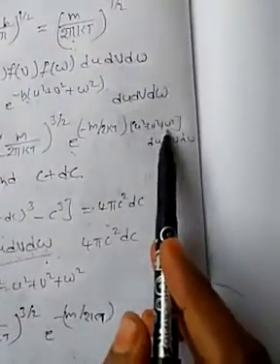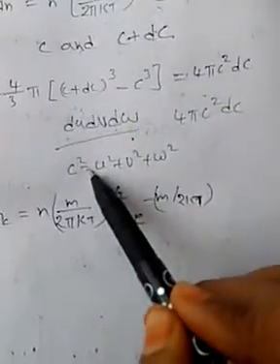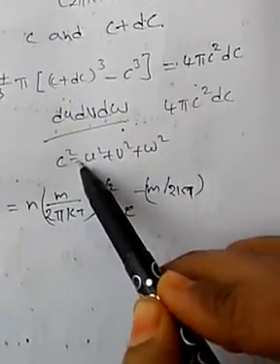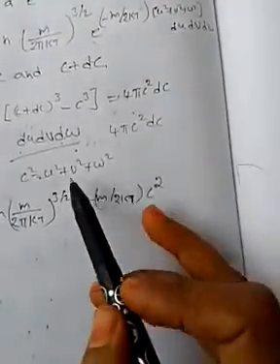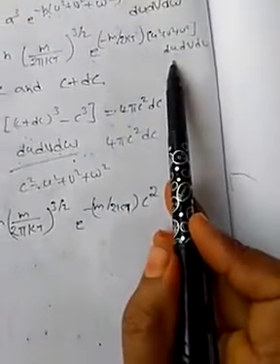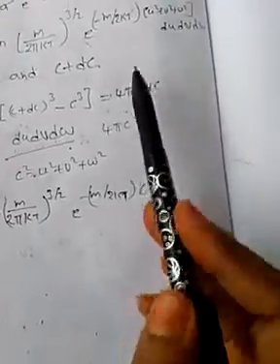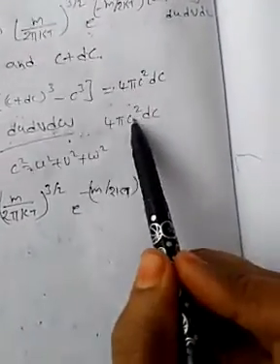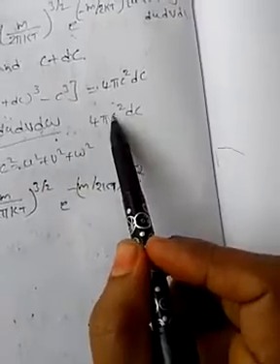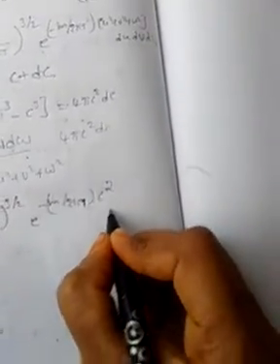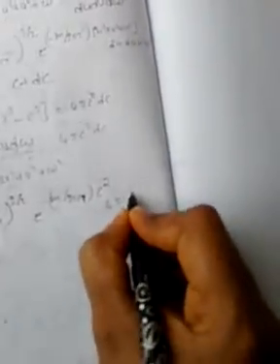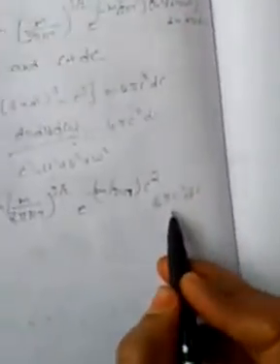Here in place of u square plus v square plus w square we are substituting c square. The remaining is du dv dw, and in place of du dv dw we are substituting 4 pi c square dc.